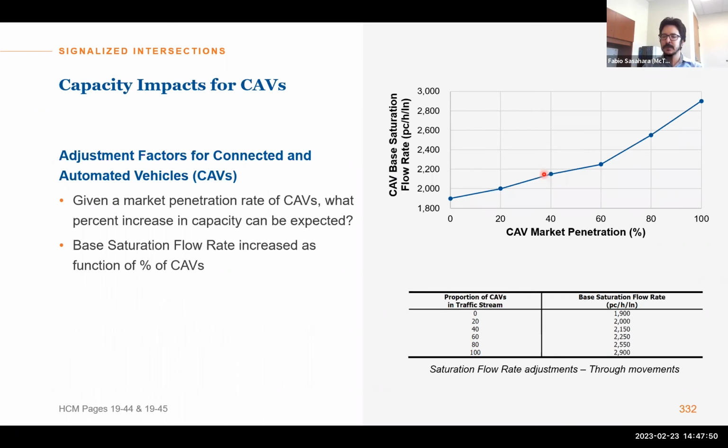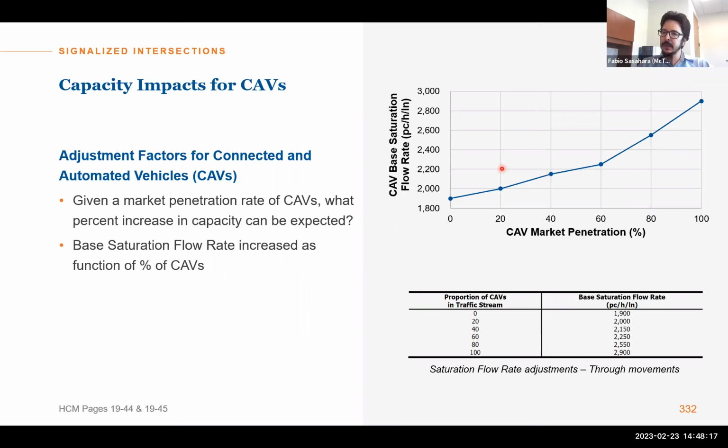Before we get into those adjustments for saturation flow rate, we also have some new methods in the HCM 7th edition. We also can compute capacity impacts for the presence of CAVs here. The concept is similar to what we have discussed in roundabouts and freeways. We are assuming vehicles at level of automation 4 or higher.